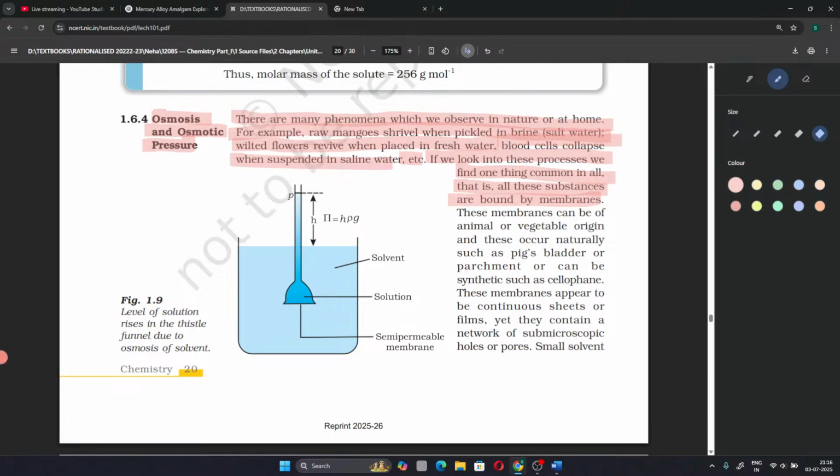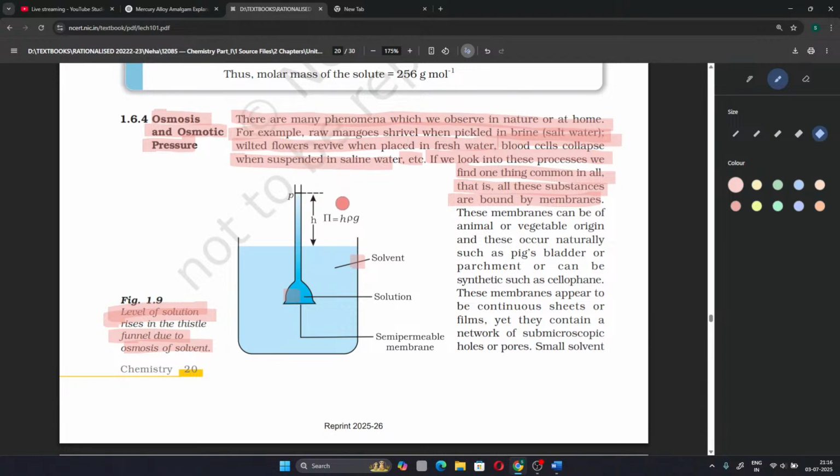Let's see the diagram first. The level of the solution rises in the thistle funnel due to osmosis of solvent. This is the semi-permeable membrane, and this is the solvent, this is the solution. As the solution has a lesser amount of solvent, the solvent goes through the semi-permeable membrane into the solution, increasing the amount of the solution.